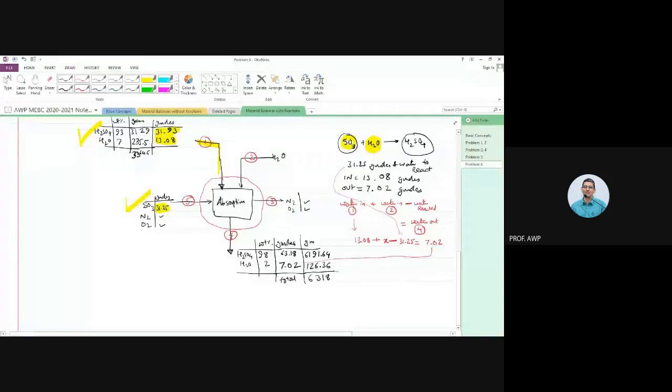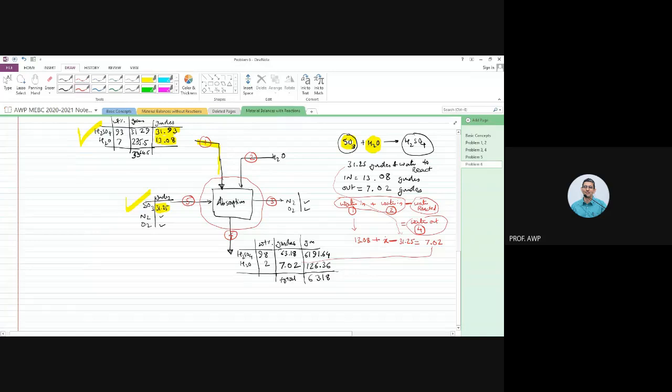So this X would be 7.02 plus 31.25 minus 13.08, which becomes 25.19 gram moles.